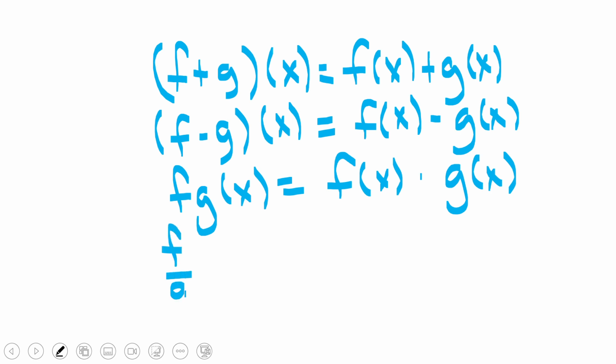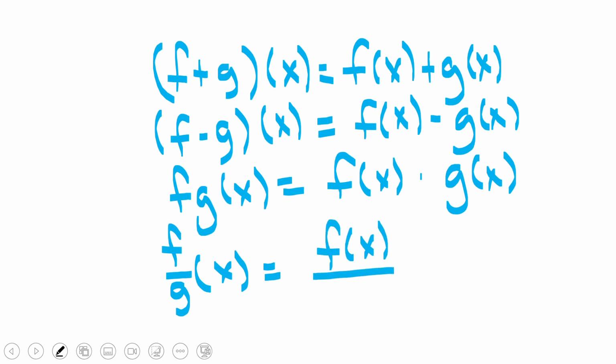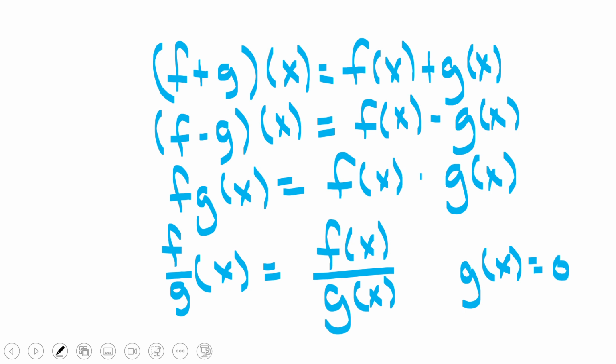And f divided by g of x is equal to f of x over g of x, where g of x cannot be 0 because a fraction with a 0 in the denominator is undefined.